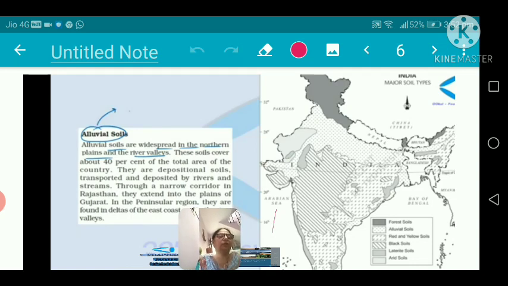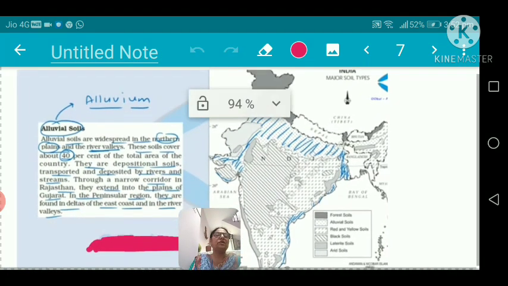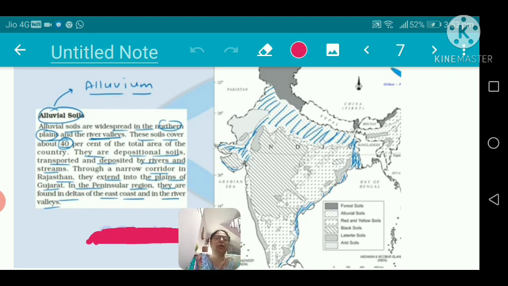You may see the areas I have marked with the blue-green pen, these areas in India have alluvial type of soil.